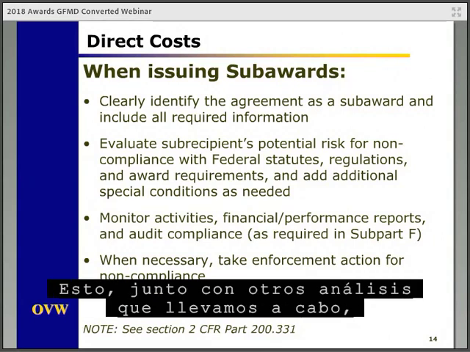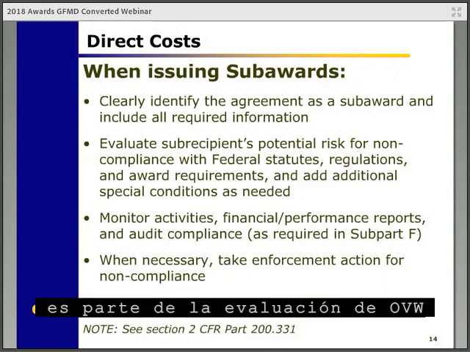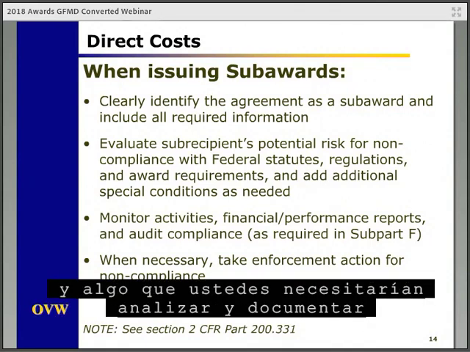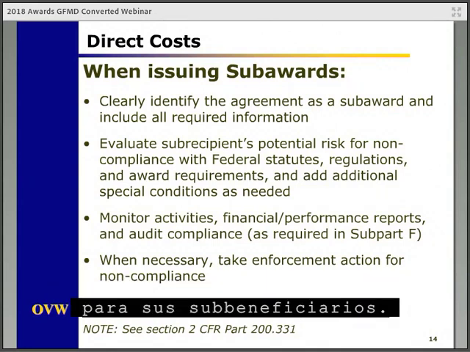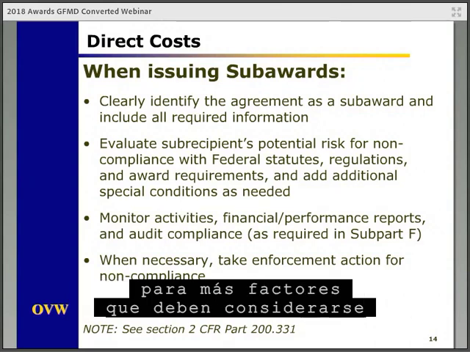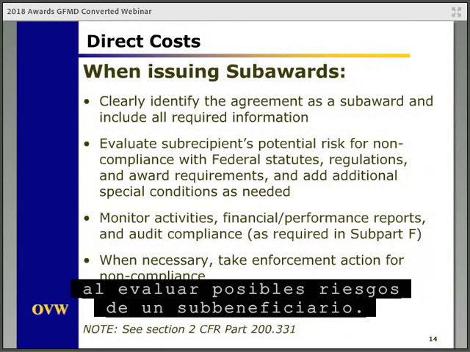This, along with other reviews we perform, is all part of OVW's assessment of an applicant's potential risk, and something that you would need to review and document as well for your subrecipients. Again, take a look at this section of the uniform guidance for more factors that should be considered when evaluating potential risk of a subrecipient.